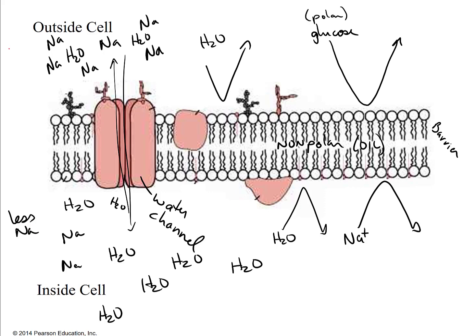So less Na, more Na. But if I have more salt, that means there's less water. Okay, so more solute is less solvent. So here, there's less water. Down here, there's more water, comparatively.